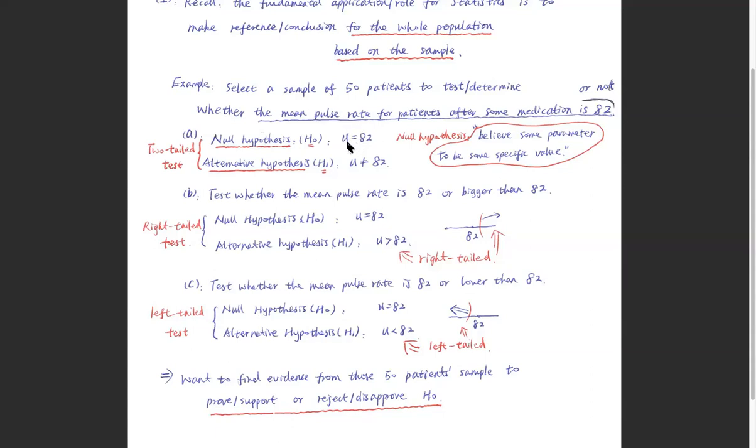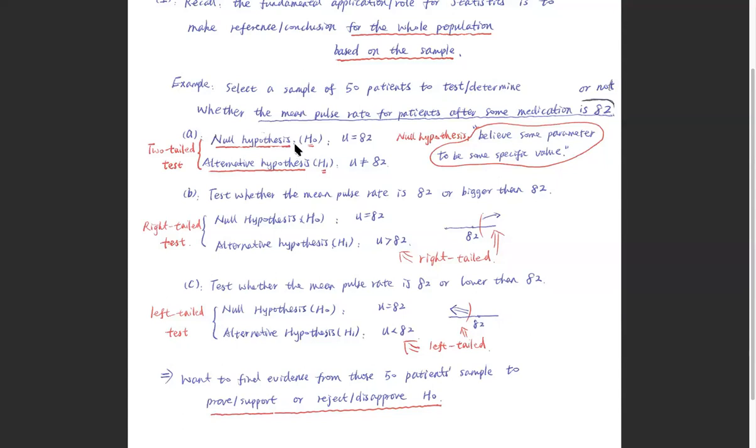Remember, mu is reserved for the population average. So we are trying to determine the population average rate. Is that equal to some number which is given here, 82, or not, everybody? That "or not" tells us that is an alternative hypothesis. And we are going to use the notation capital H1 for that. Is that clear? Any questions?